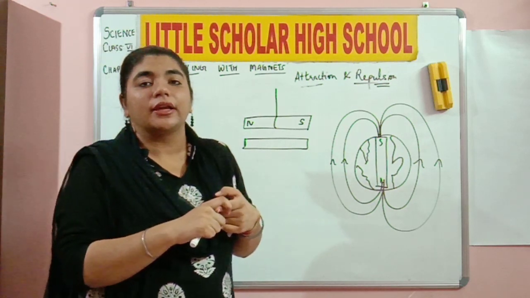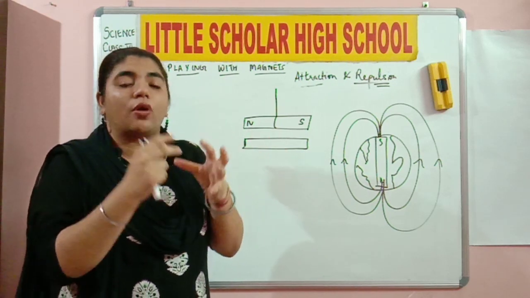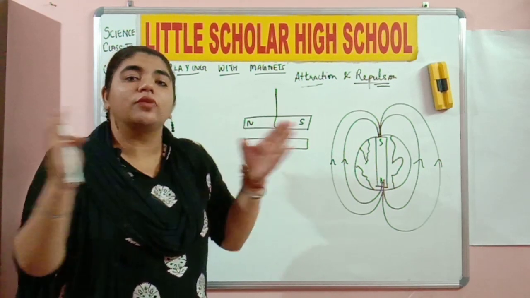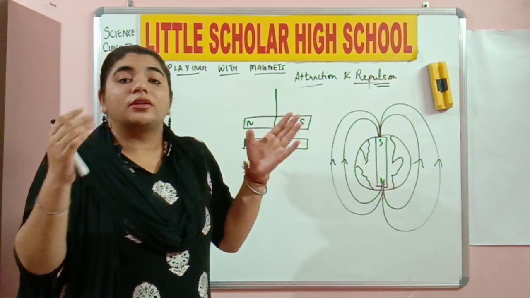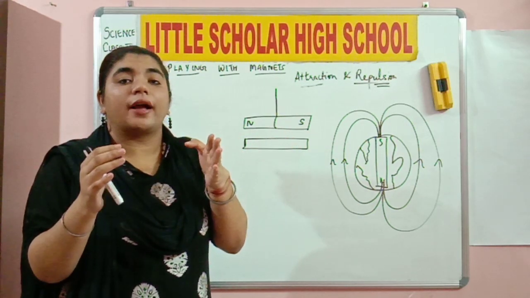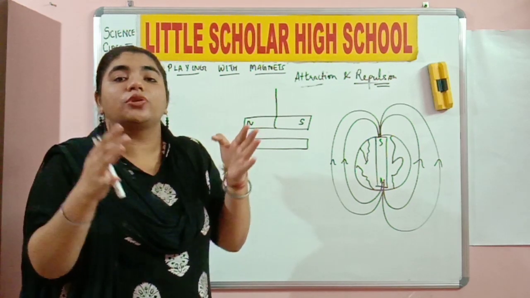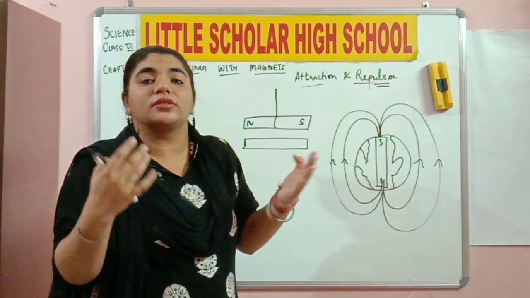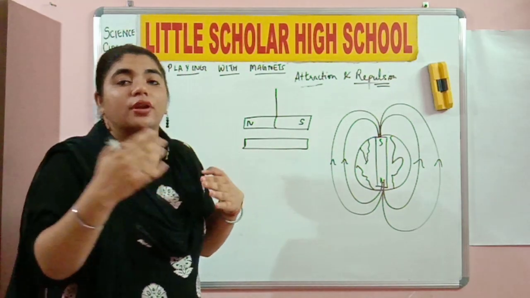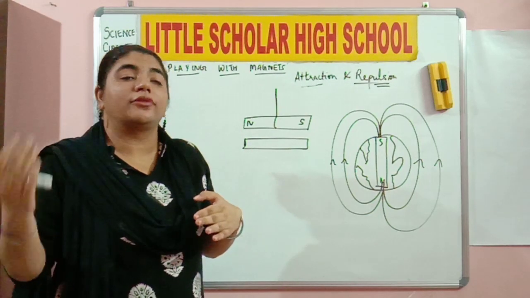This means that when similar poles of two different magnets are brought together, they are going to move apart. And when different poles, like the north pole of the first magnet, are brought closer to the south pole of the second magnet, they are going to attract each other. What is this property called? The attraction and repulsion property. Like poles repel and unlike poles attract.